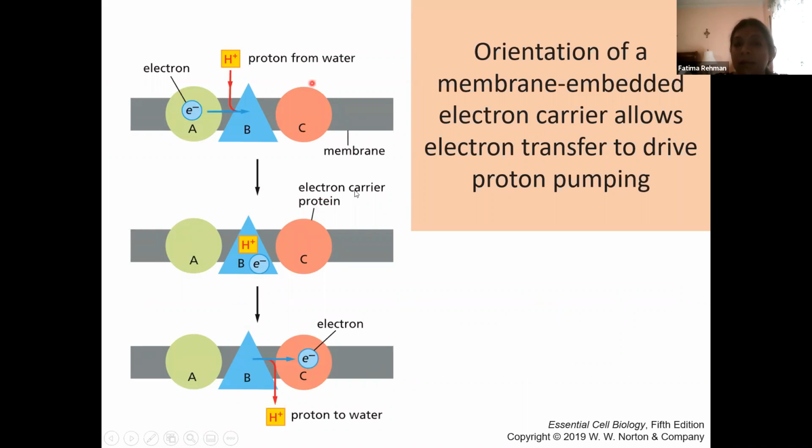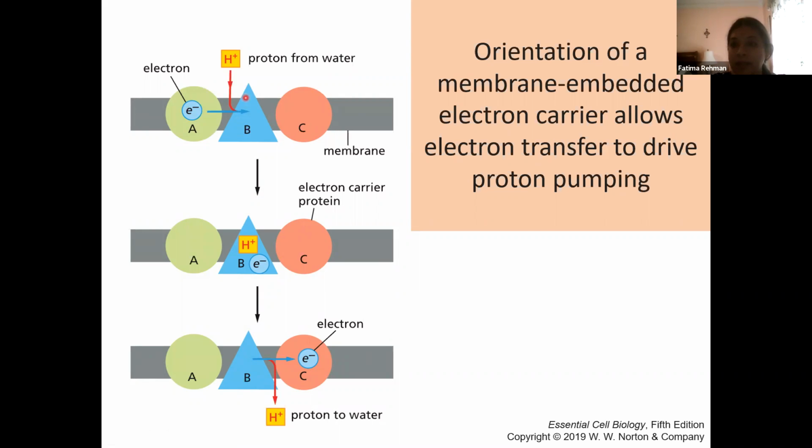And so the membrane potential is done by proper orientation of membrane lipids, right? Just like we've talked about before, as well as the orientation of the embedded proteins that are going to be electron carriers at each step. That orientation, if it was messed up, would mess up the gradient.